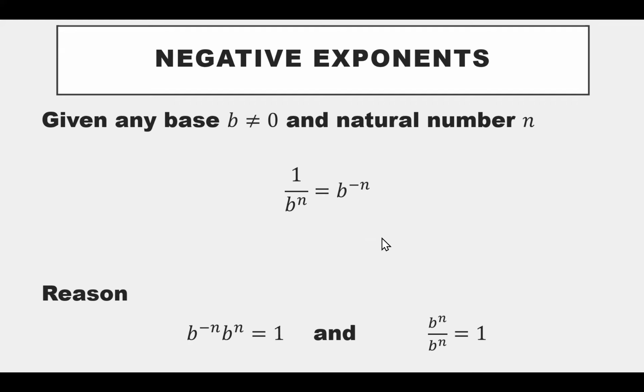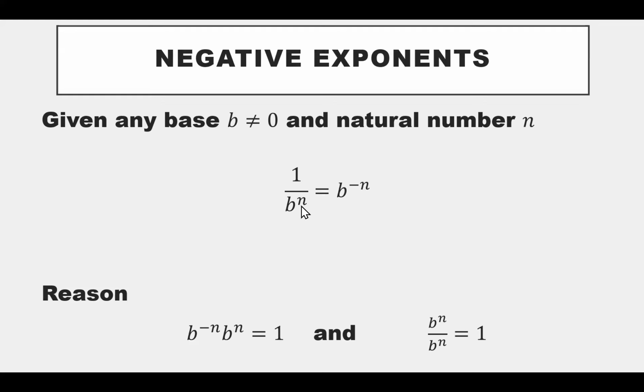And this rule allows me to deal with negative exponents. Negative exponents are reciprocals of things with positive exponents. So b to the negative n power is 1 over b to the n.